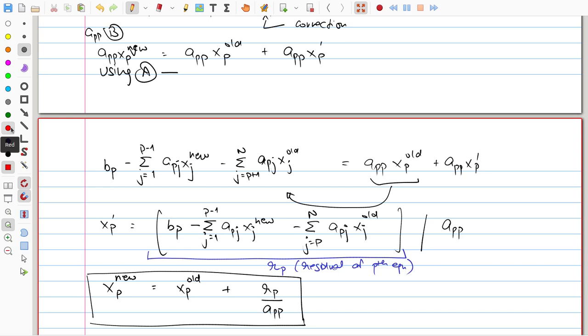So, let us look at the residual expression. The pth equation was AP1 x1 plus AP2 x2, then APP xp, and then we had APN xn, and this is equal to BP.